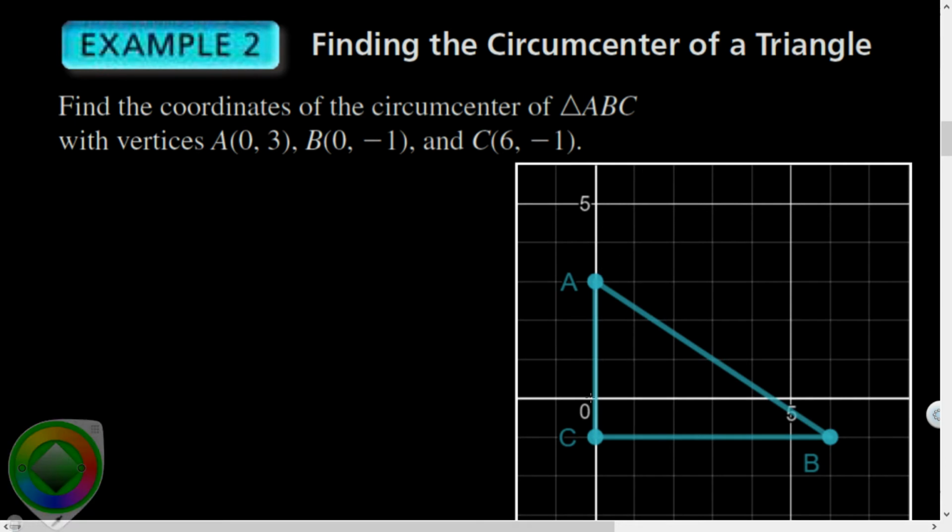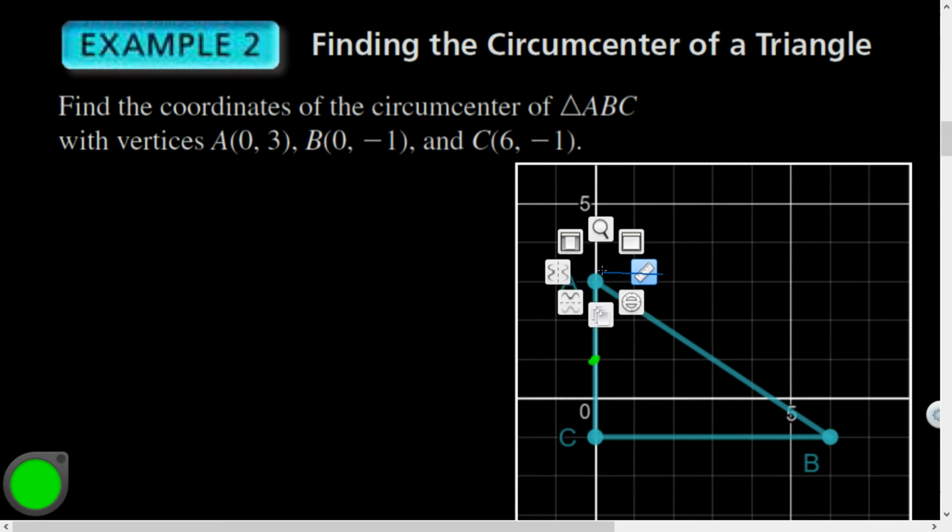But if I want to find the perpendicular bisector of AC, this midpoint I can find rather easily by taking those coordinates. It's just going to be the difference of their y coordinates, absolute valued. So 3 minus negative 1 is 4, and divide by 2 is going to be halfway. I could use the midpoint formula. If I add them up, divide by 2, 3 plus negative 1 is 2, and divide by 2 is 1. So here's my midpoint.